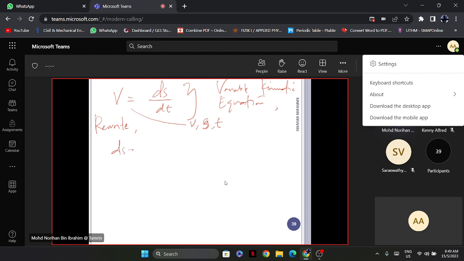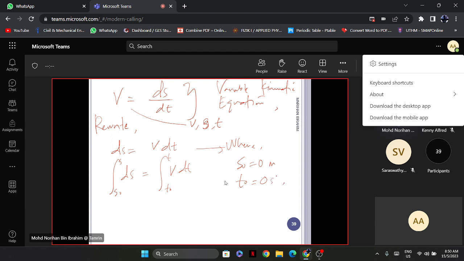So ds is equal to v dt, and therefore the integral of ds from s naught up to s is equal to the integral of v dt from t naught up to t, where s naught is equal to 0 because it starts from rest, and t naught is equal to 0 second.